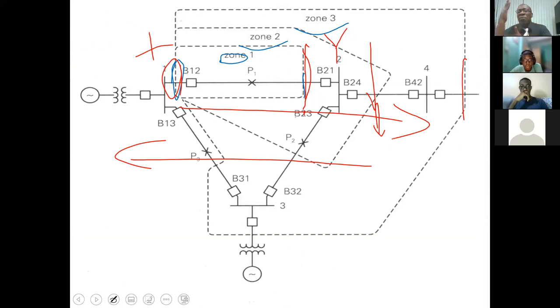So one is looking from its rest position up to 80%. The other one is looking from its rest position up to 80%. And so in the middle, yes, you will have full protection. And of course, because they're not looking at the entire line, based on their zone 1 settings, you are going to find that we're going to need communication systems to ensure that they operate properly.